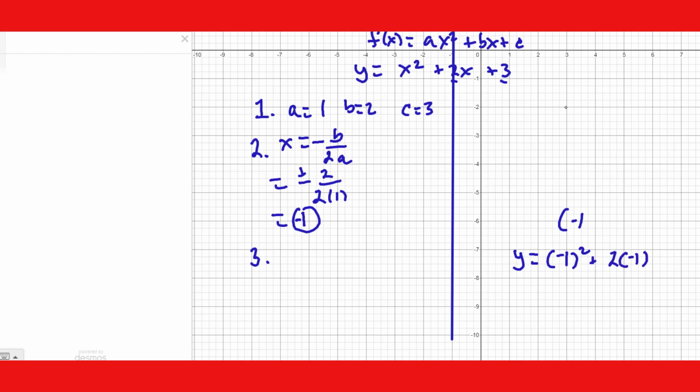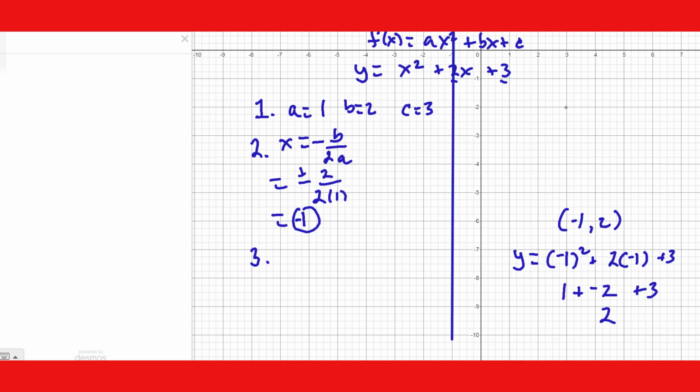All we're doing is plugging in that negative 1 value in for x. So it's plus 3, right? So that's 1 squared is 1, plus 2 times negative 1 is negative 2, plus 3. So that gets us negative 2 plus 3 is positive 1. So we got 1 plus negative 2, and then add 3 to that, and we get 2. So our y value is 2.